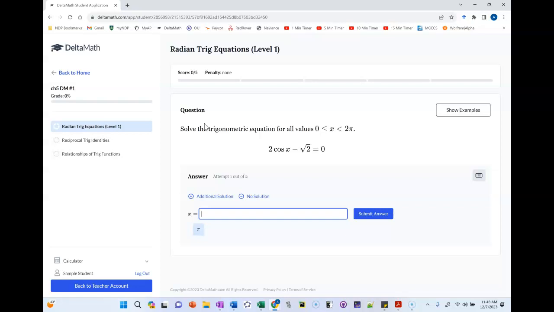Let's do one of these together. So what do I need to do to start this one? I wouldn't divide by 2 yet. I'd add the square root 2 over and then divide by 2. So I have cosine x equals root 2 over 2.